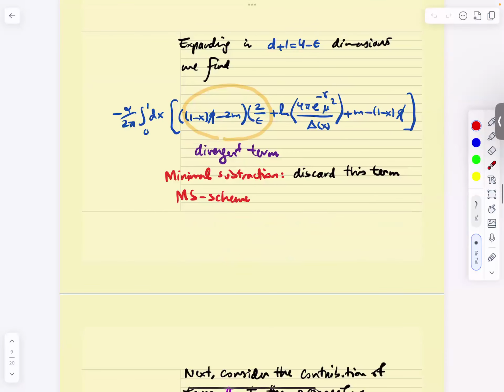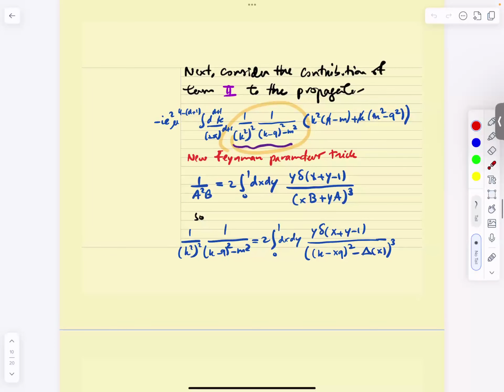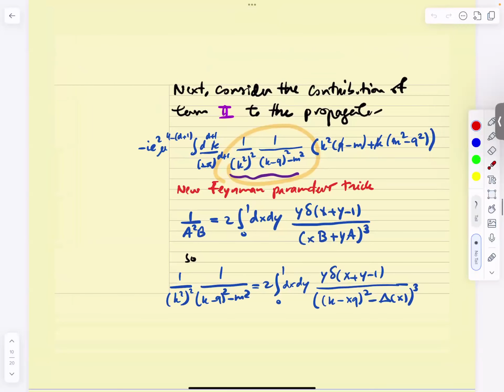The other one, you'll use this Feynman trick: 1 over a squared b. Actually, I think in the previous example, what I did was I used the old Feynman trick squared. So here's a Feynman trick used for this one.